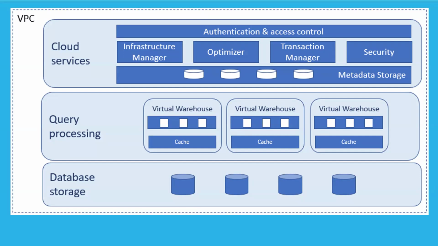The second point is, whenever the user submits a SQL query to retrieve data from the Snowflake account, the very first layer, the cloud service layer, accepts that query. The optimizer will cross-verify your select statement or SQL query, whether the provided SQL is syntactically correct or not, at the very initial stage.